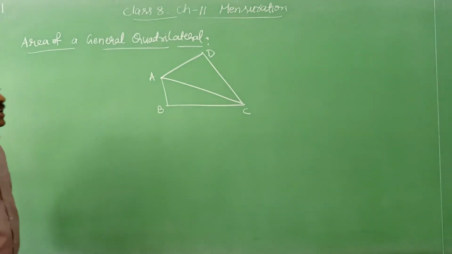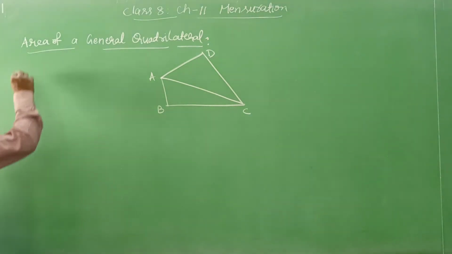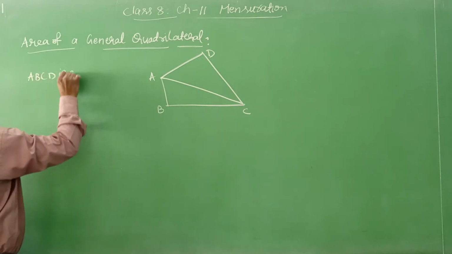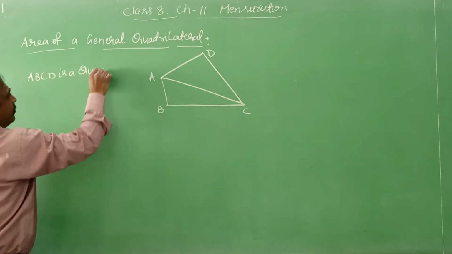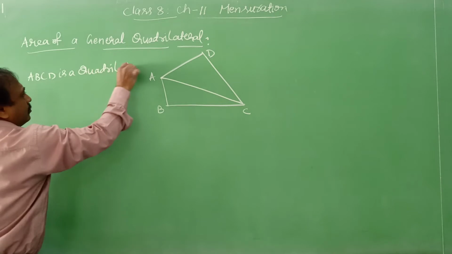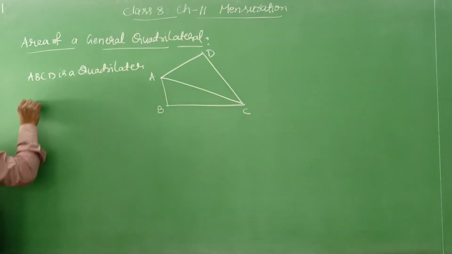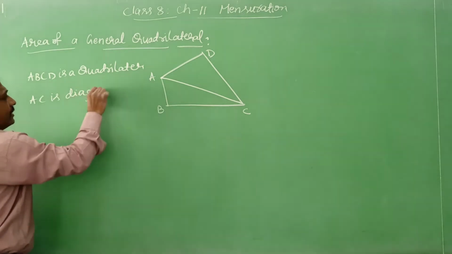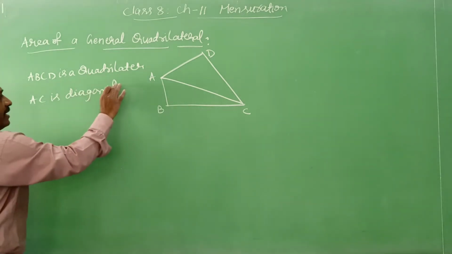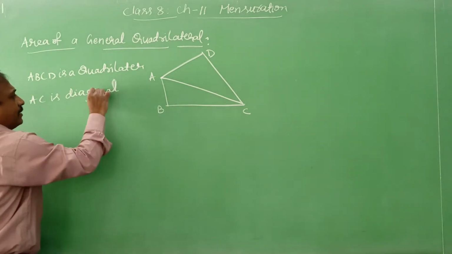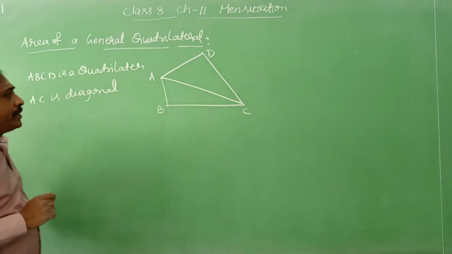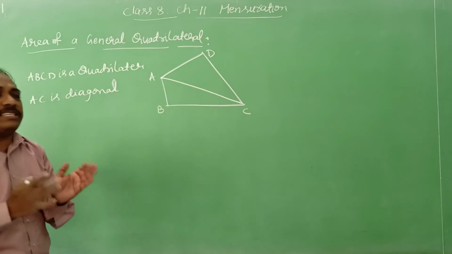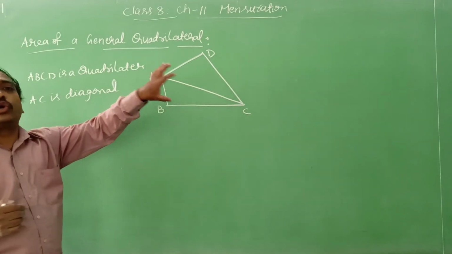Given that ABCD is a quadrilateral and AC is the diagonal, to find the area of the quadrilateral we first divide the quadrilateral into 2 parts.